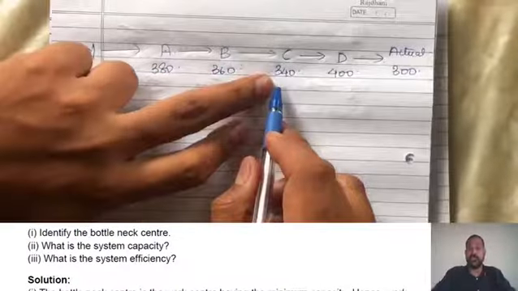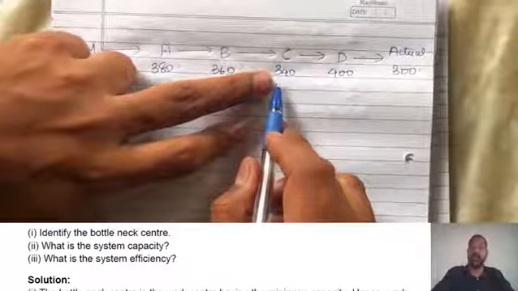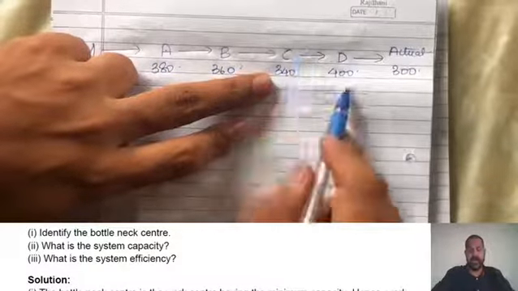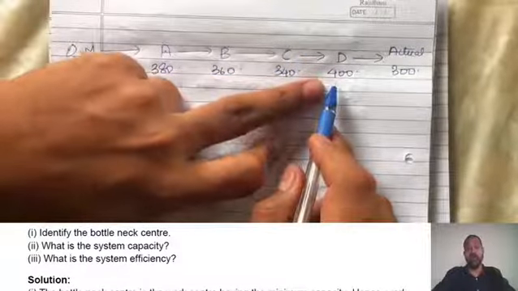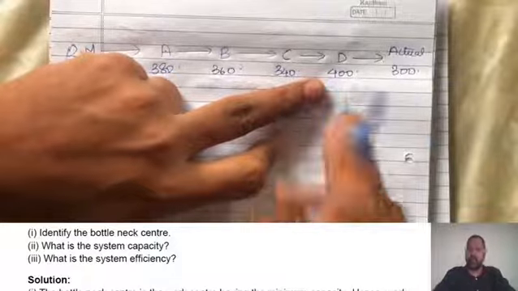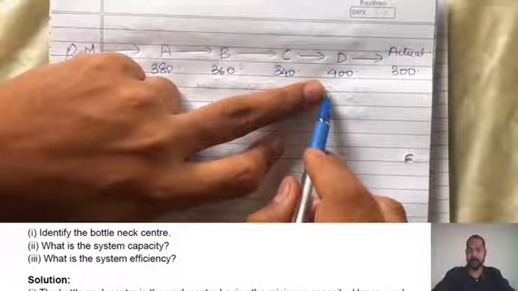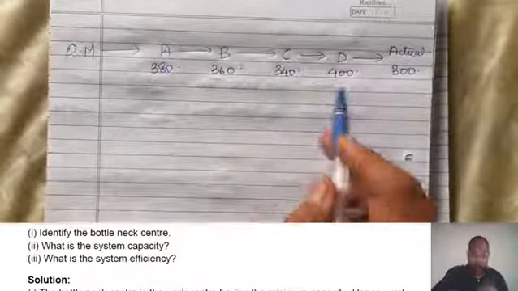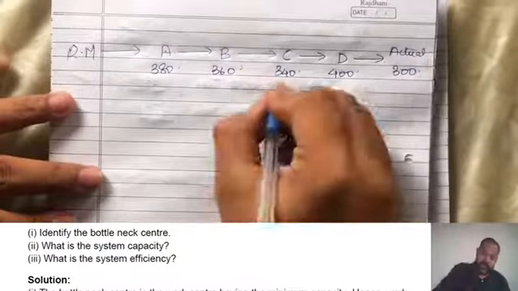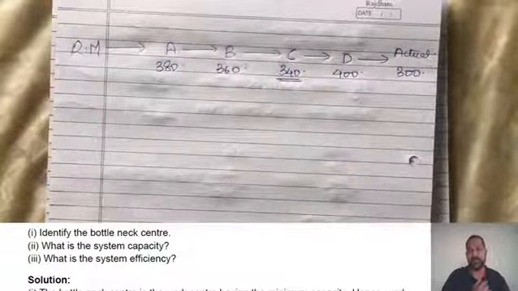Out of the 360 only 340 would be able to take admission on that day, and out of the 340 all 340 were able to get an identity card, which means my final output should be 340 admissions.